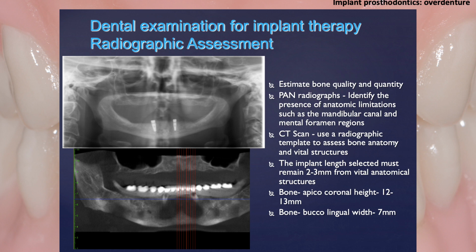So I guess the second and the third bullet points there. Vital structures, critical anatomy, as well as the dimension of the hard tissue, those are a lot more accurately assessed using CT scan than panoramic radiograph.